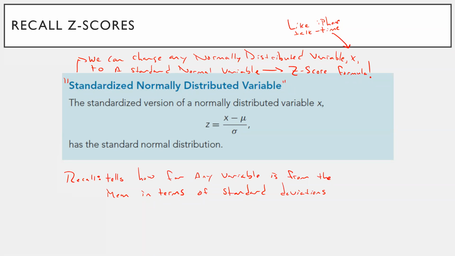All right, so this is the formula for it. The standardized version of any normally distributed variable X is you take that X value, subtract the mean, and divide by the standard deviation. These z-scores follow the standard normal distribution.